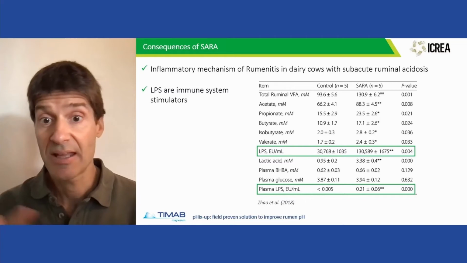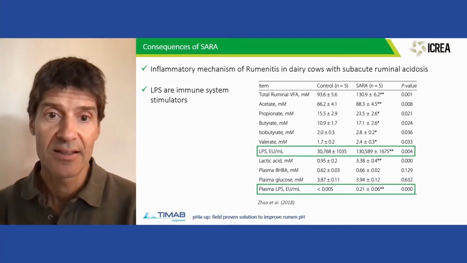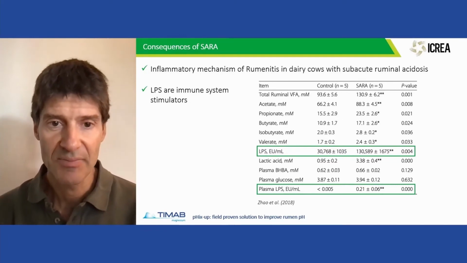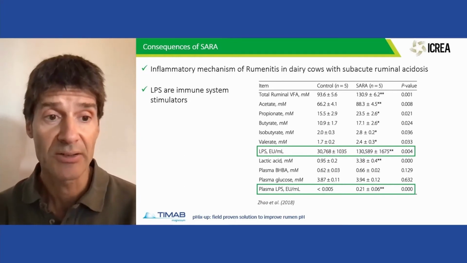First question, why do you think it is important to work on ruminal pH? If something as important as rumen pH gets out of hand or goes beyond a threshold, then disease will occur. Not in terms of disease per se, but inflammation and changes in the immune function will take place.